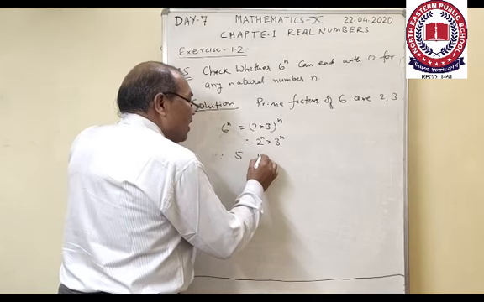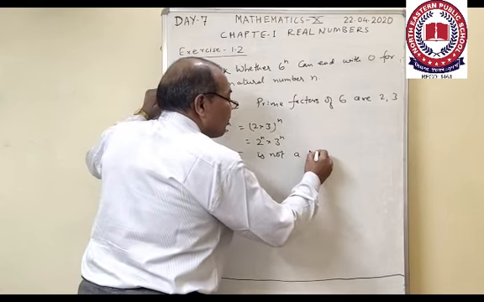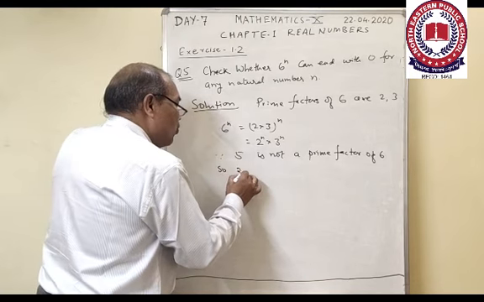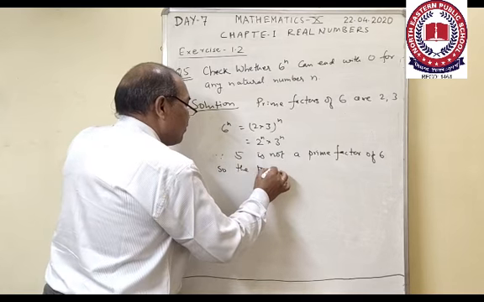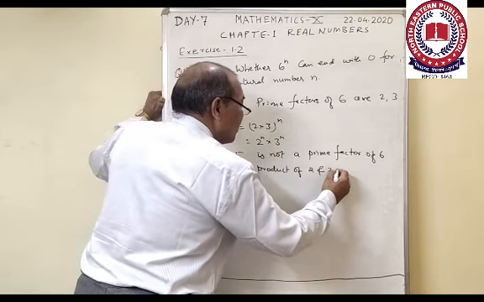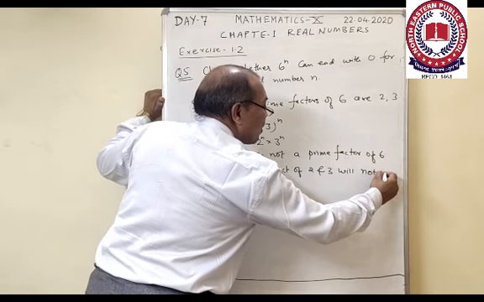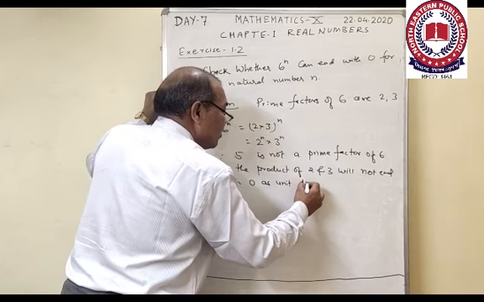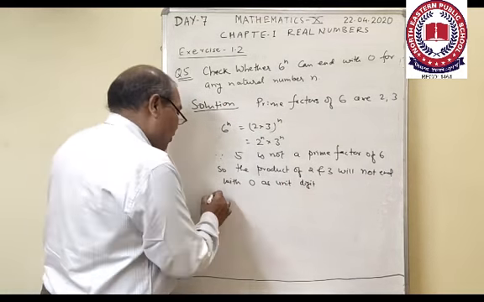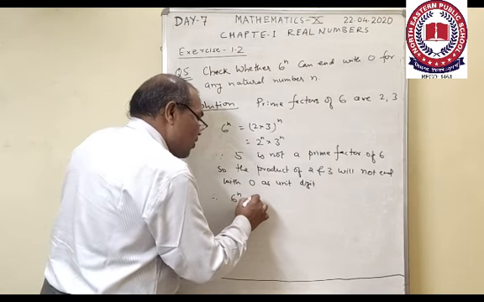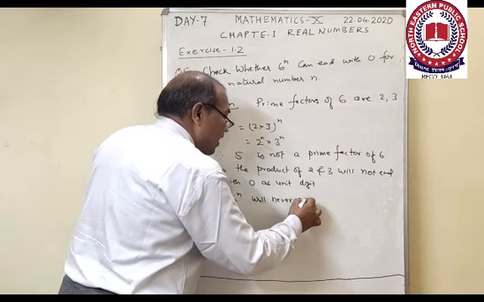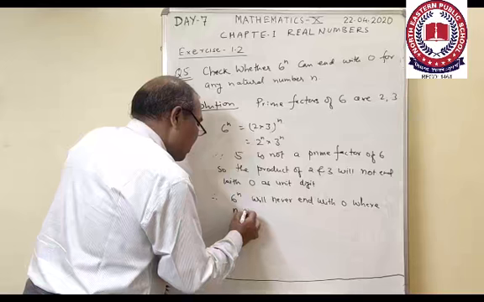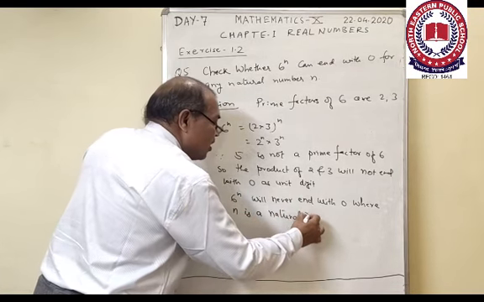5 is not a prime factor of 6, so 2 and 3, the product of 2 and 3 will not end with 0 as unit digit, and therefore 6 power n will never end with 0, where n is a natural number.